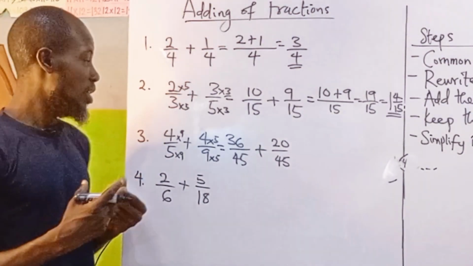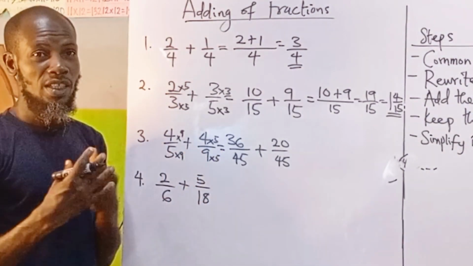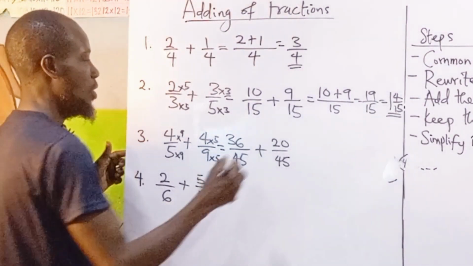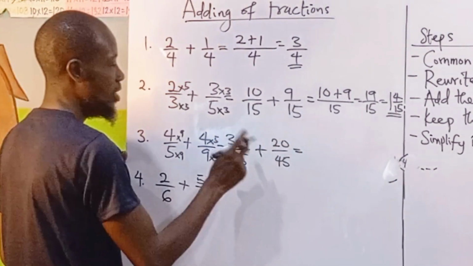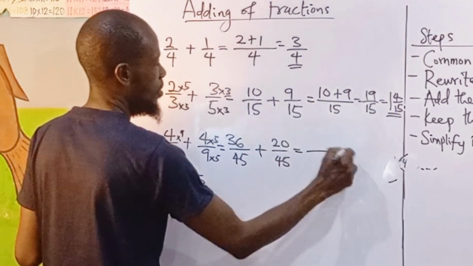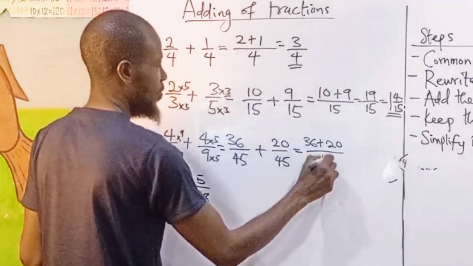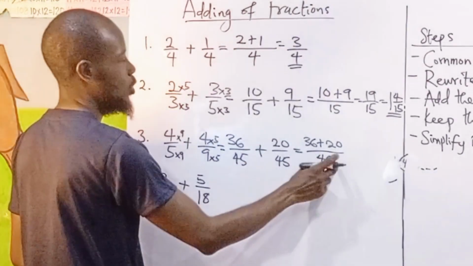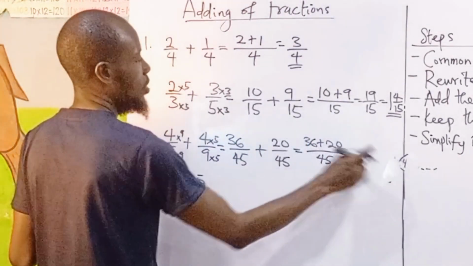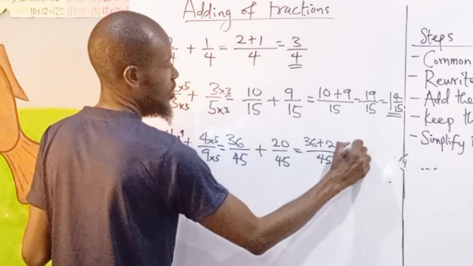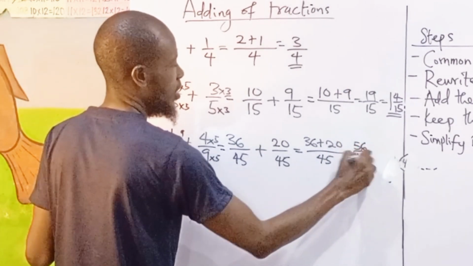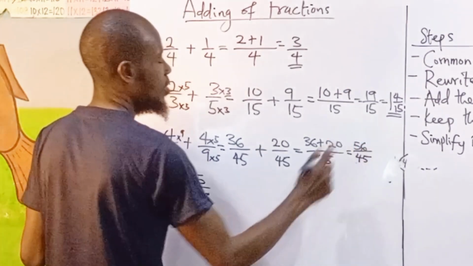When we have the common denominator, we can easily add them up now. So here we have 36 plus 20 over 45. We keep the denominator, and that will give us 56 over 45.